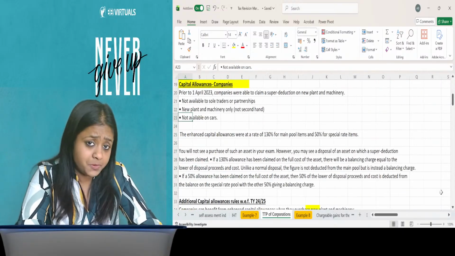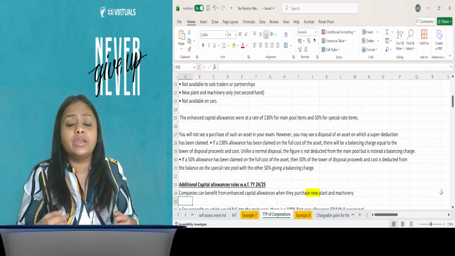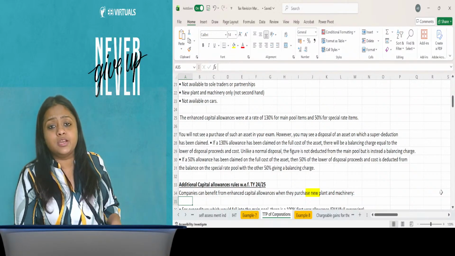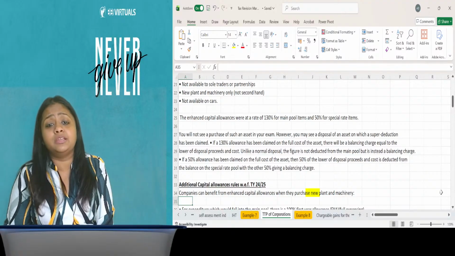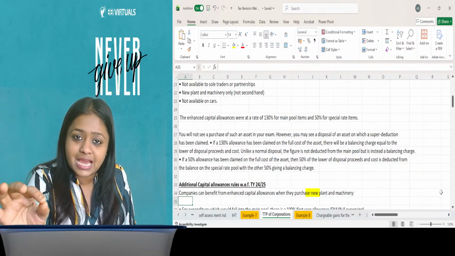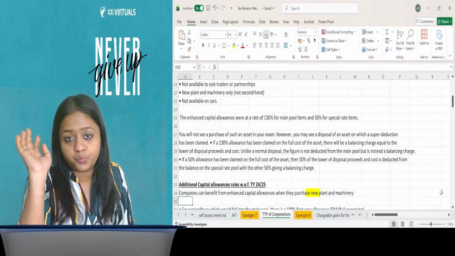Now one more rule has been inserted for the current tax year, that is enhanced capital allowances for corporations. So again in tax year 24-25, enhanced capital allowances are introduced only for corporations. But the difference is that here we'll not have 130% super deduction.